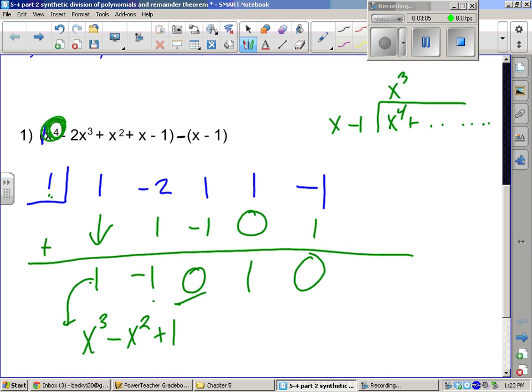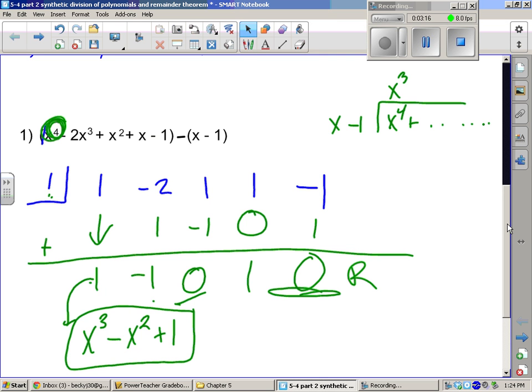So I skipped the x because it was a 0. And then the last number is our remainder. Because it's 0, we don't have to put anything down. So when you divide by that, you're going to end up with that. Not squares, but the actual answer.